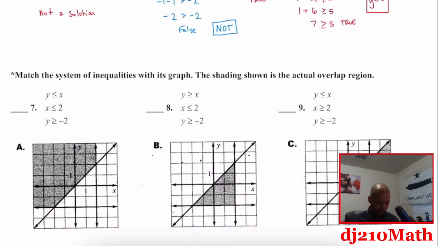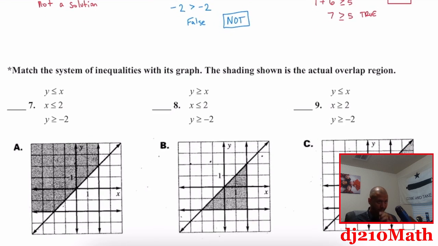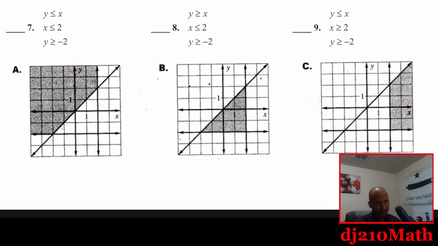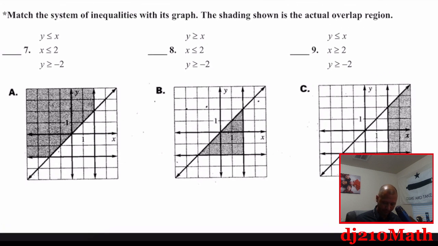All right. So here we're matching. All right, number 7. We have 3 equations and 3 answer choices, A, B, and C. And we have to see which one matches up to this first one. So if you look at 7, right, let's just go down the line.